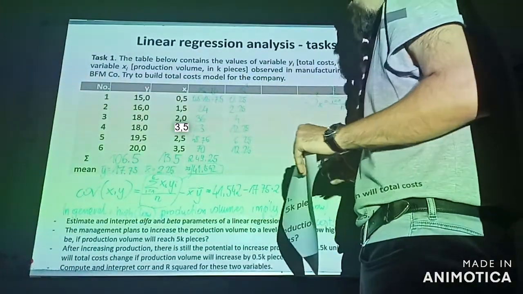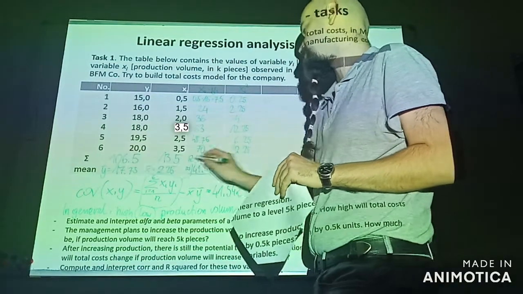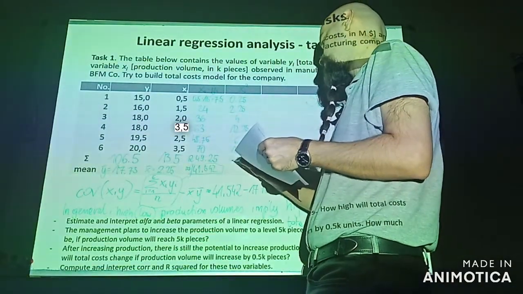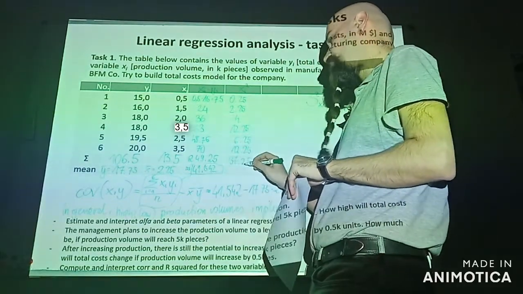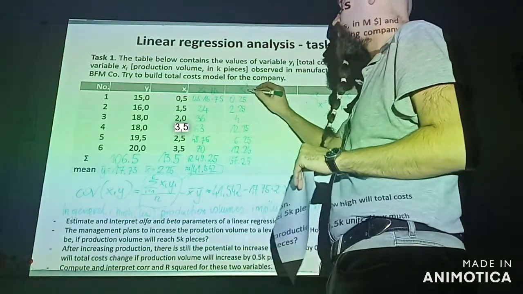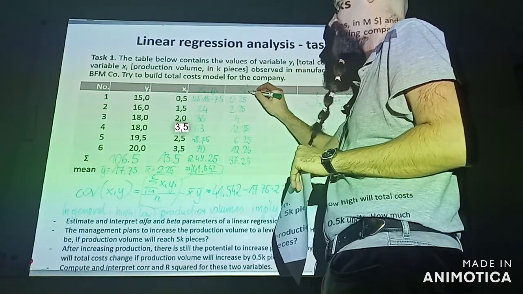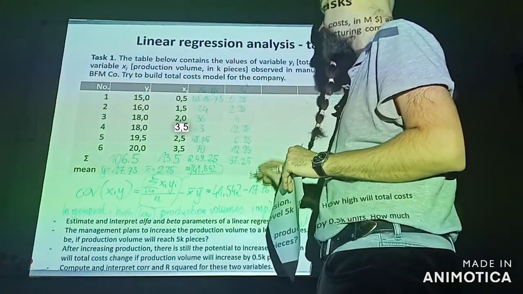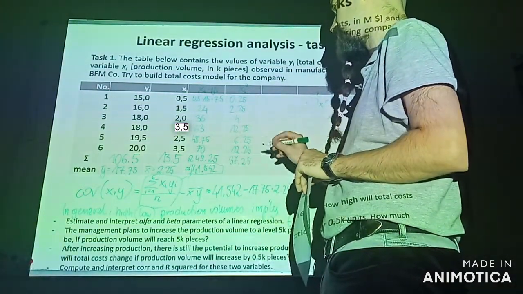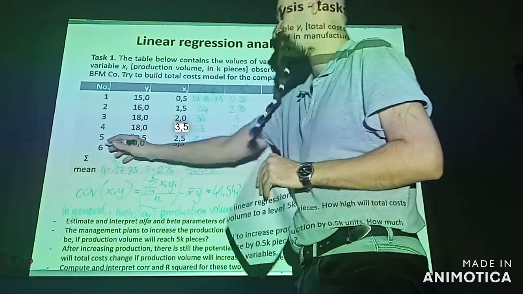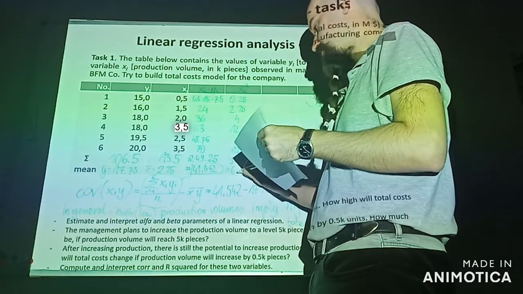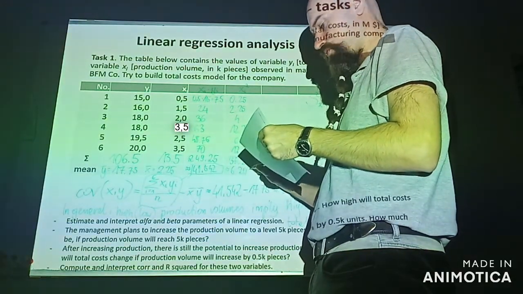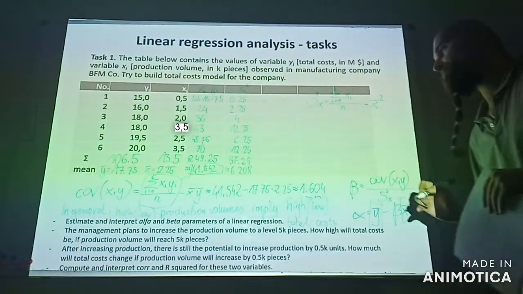And the sum of all squares is 37.25, and the average square of production volume is 37.25 divided by 6. It's around 6.208.